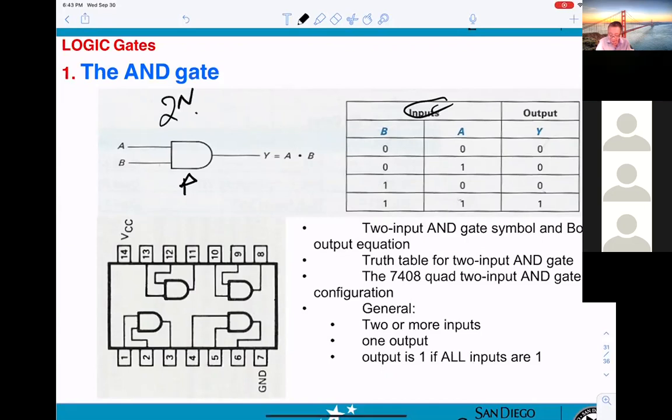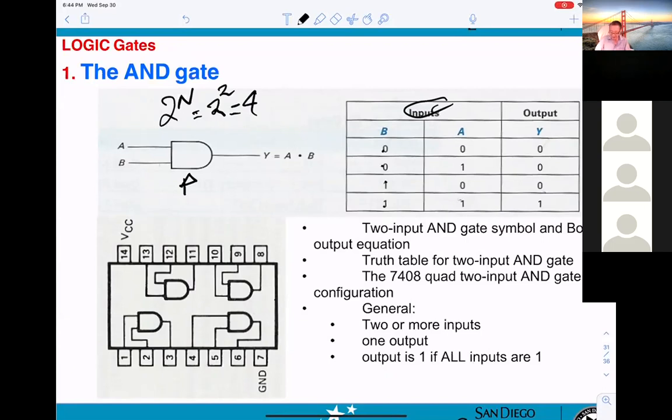With two inputs, 2 to the power of 2, you must get four combinations of 0 and 1. So the first input is 0, 0, 1, 1, and the next one is 0, 1, 0, 1. That is your input to this gate.